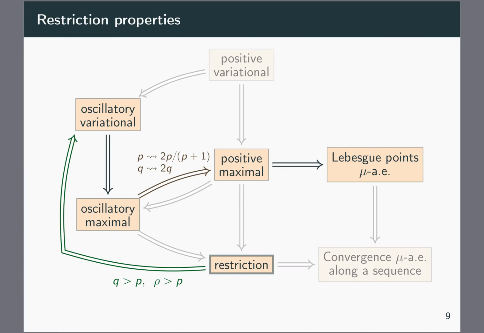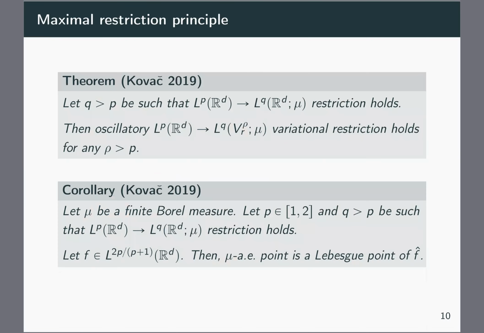And if you follow these arrows, you get now a corollary from Kovač's theorem, which is if you have a finite Borel measure mu and you have L^p to L^q(mu) restriction for some exponents p and q, where q is strictly larger than p, then if I take a function f in L^(2p/(p+1)), mu almost every point of the Fourier transform of f will be a Lebesgue point, and the regularized value will correspond to the restriction operator at that point.